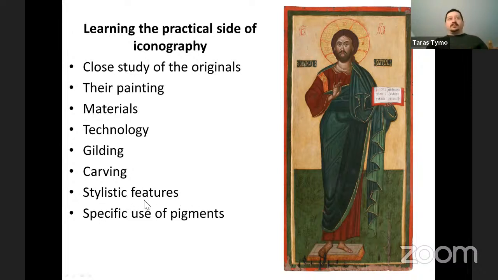And stylistic features of icons, specific use of pigments, and all that. So sometimes our students really study chemistry to know what the icons are made of, and sometimes they study more as artists, just drawing inspiration from the old prototypes.